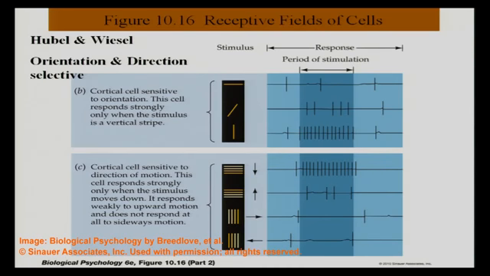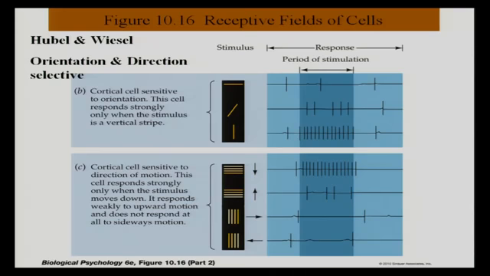The electrode recorded the extracellular pattern of action potentials, the code of the neurons, when they played different visual stimuli, just like we did for the retinal ganglion cells.